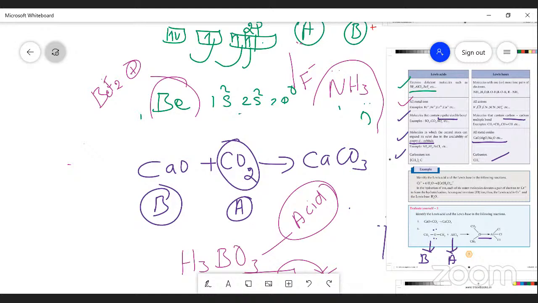What are the acids? What are the bases? If you have any doubt relevant to these three acid-base concepts, you can ask me.